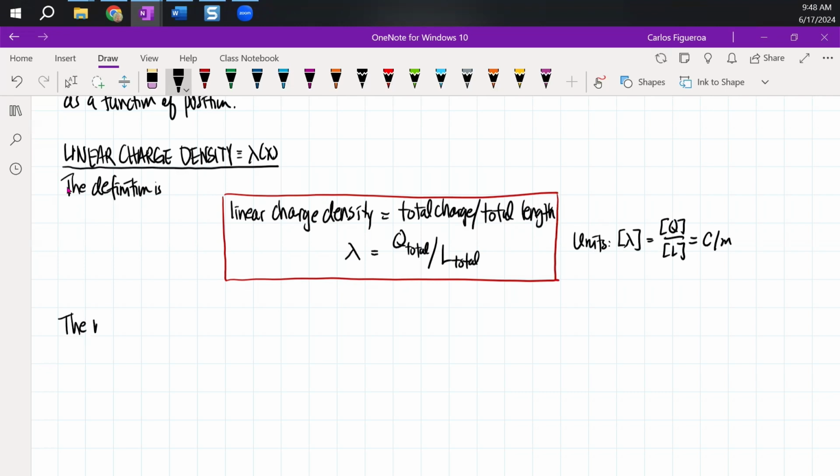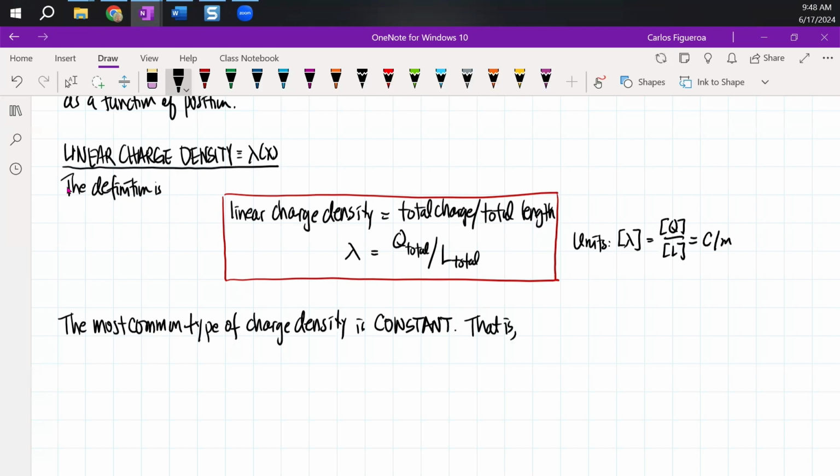The most common type of charge density is constant. That is, the charge is uniformly distributed.